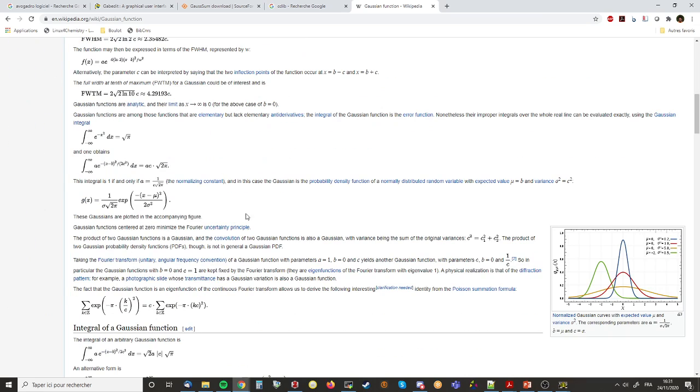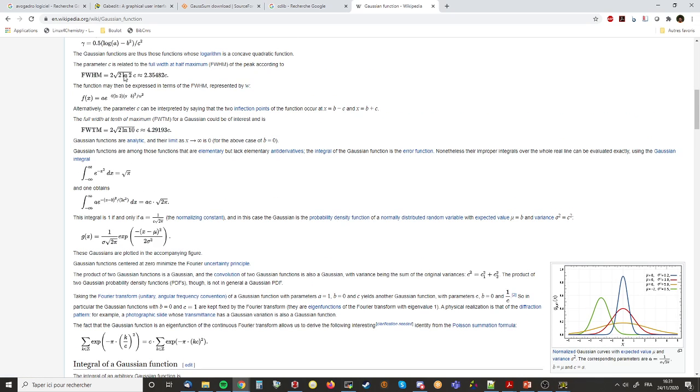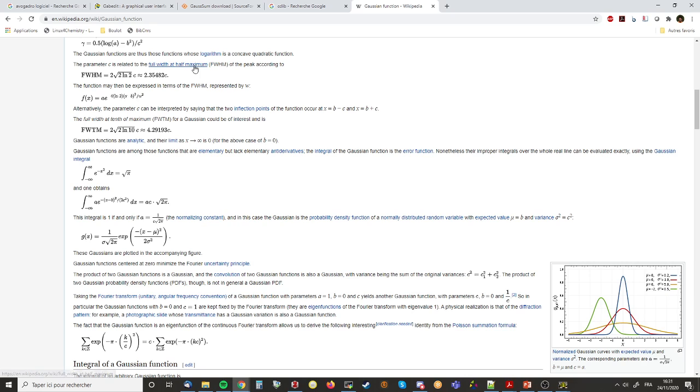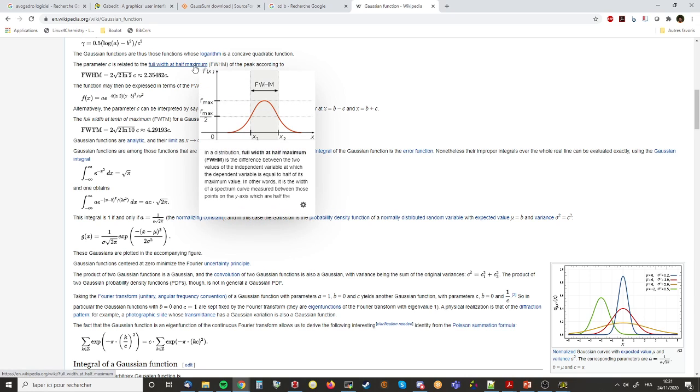So this value is set here, and depending on the spreading of your Gaussian, and this is the full width at half maximum, okay? And that gives you the value that allows you to define the form of the Gaussian.